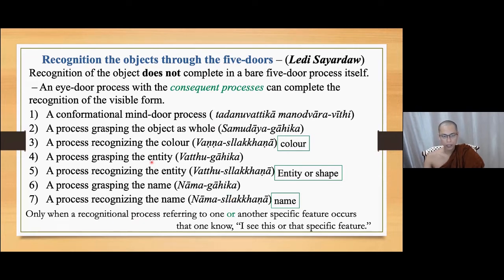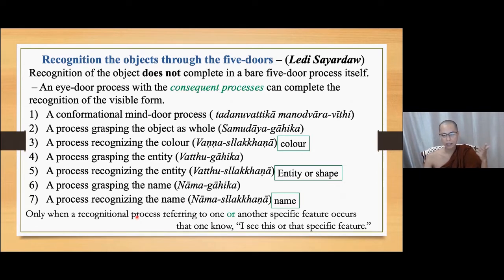So that is why, to accomplish recognition through seeing, there needs to be the consequent process of the mind door. And to hear and to identify what I heard, we need another process, at least one of the recognition processes. Sometimes I hear, but I don't know the name.